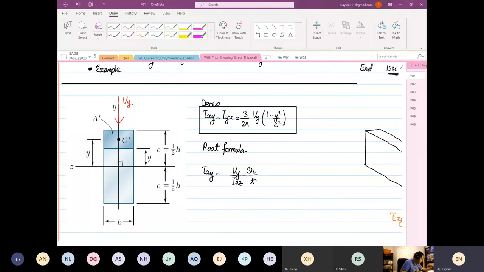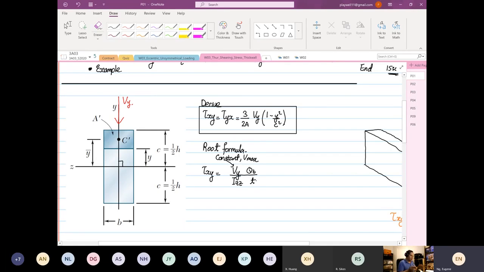We are aware that Vy is a constant, and it's based on your Vmax. Later on, we'll do a detailed example of how to calculate Vy. It's not that bad.